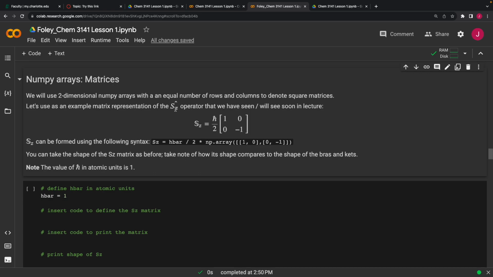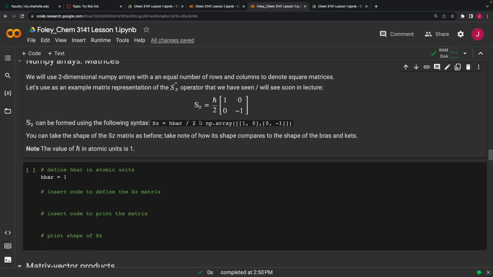What I have done here is shown you the matrix representation of the S z operator built in that basis. I've chosen my basis 1, 0 and 0, 1, and now I will use that basis to build this matrix. How that's done is something we will definitely see in lecture. I don't want to belabor the point now.